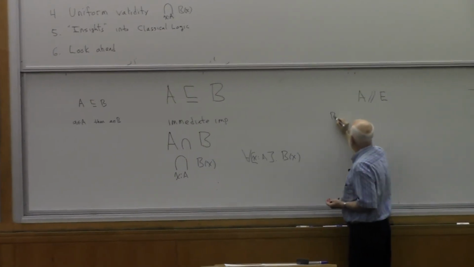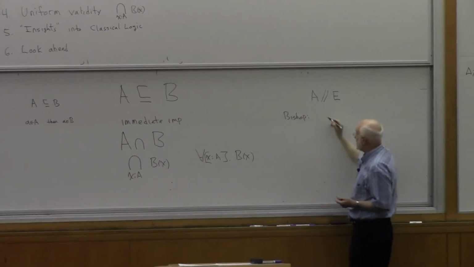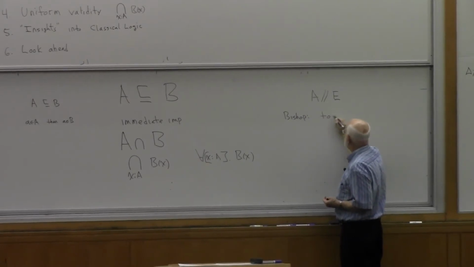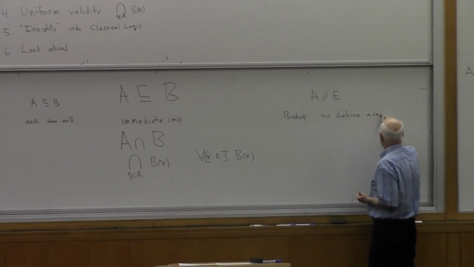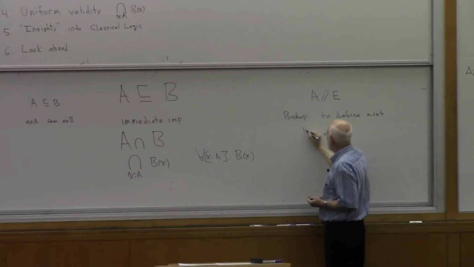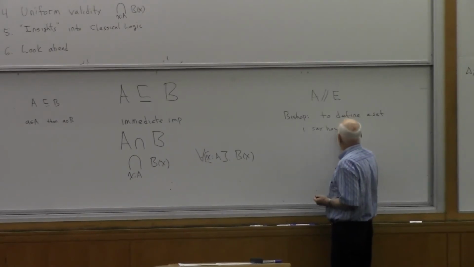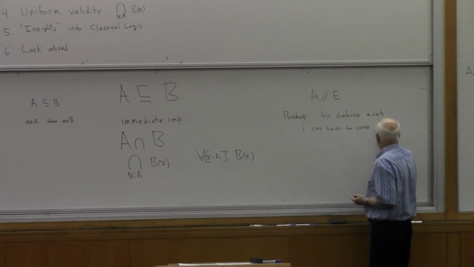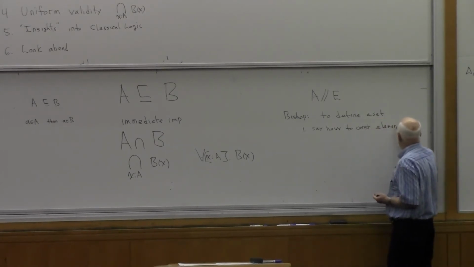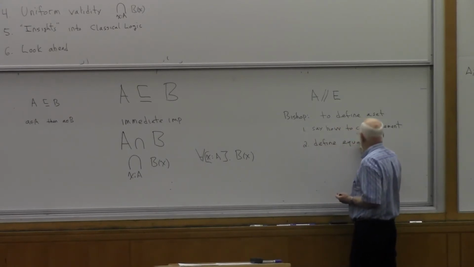So when Bishop, in his wonderful book on analysis, talked about a set, he said, to define a set, you have to do two things. One, you say how to build its elements, how to construct its elements. And then, before it becomes a mathematical object, you have to define equality on those objects.